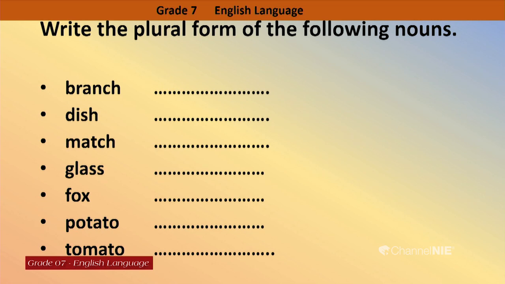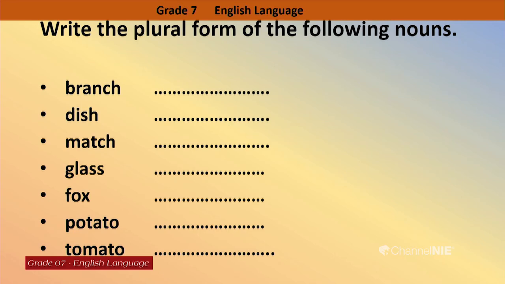Match, M-A-T-C-H. The football match or the cricket match. Glass, which you use to drink water. Sometimes you use it for other purposes also. When there are a lot of glasses, you use the plural.